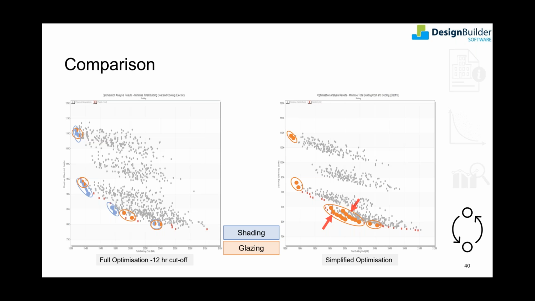The offset of the 2 lines is because of the roof insulation, and we can see the diminishing returns in cooling energy with adding more expensive, better U value glazing. This type of analysis for glazing was very difficult in the full optimization results, which we had at the end of 12 hours, the same time it took us to do both the sensitivity analysis and the simplified optimization.